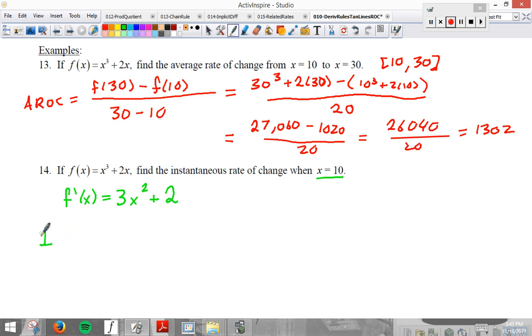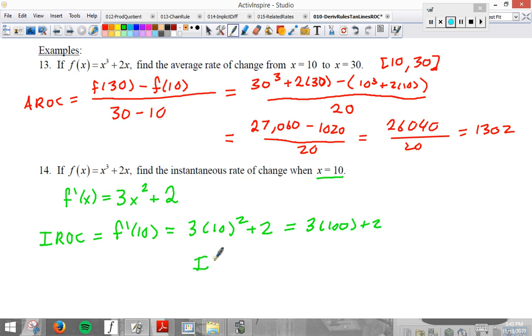So IROC, f prime of 10, 3 times 10 squared plus 2. Look how this is labeled. Look how I don't say this equals 302 or 3 times 10 squared plus 2 equals 3 times 100 plus 2.